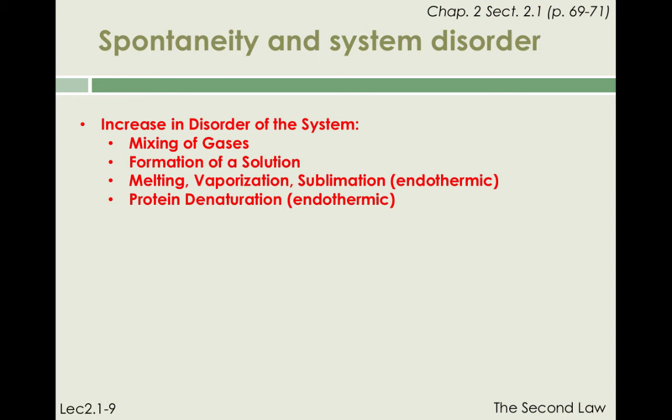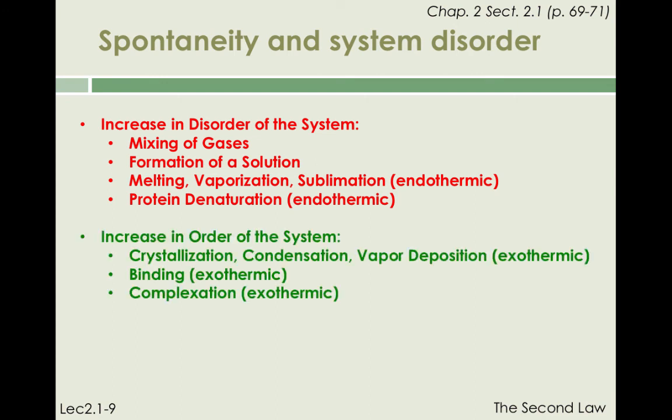A liquid is indeed more disordered than a solid. A vapor is much more disordered than a liquid. A protein has much more conformational disorder in the denatured state than in the native state, and so on.